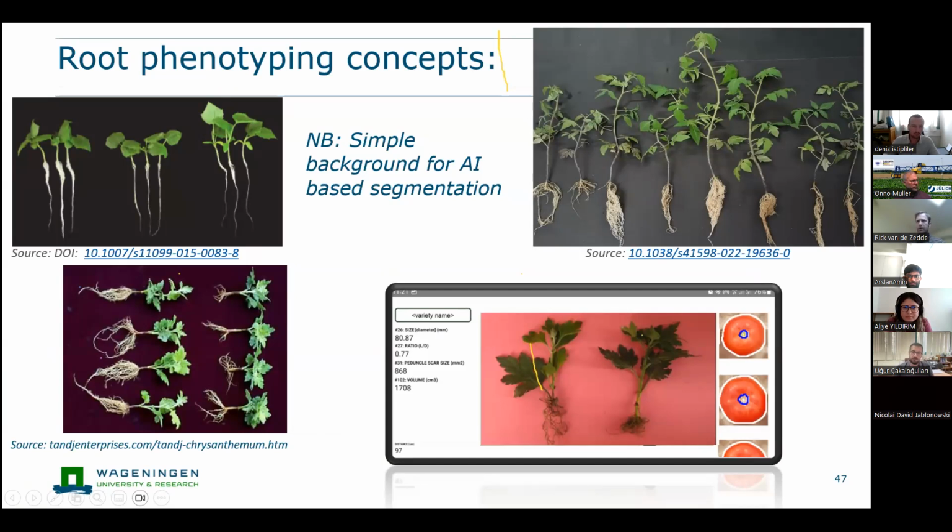But if you have it, you can take a picture and the AI can analyze shoot characteristics, root characteristics, and it might help you to speed up your data collection process. That's the whole goal of this app.